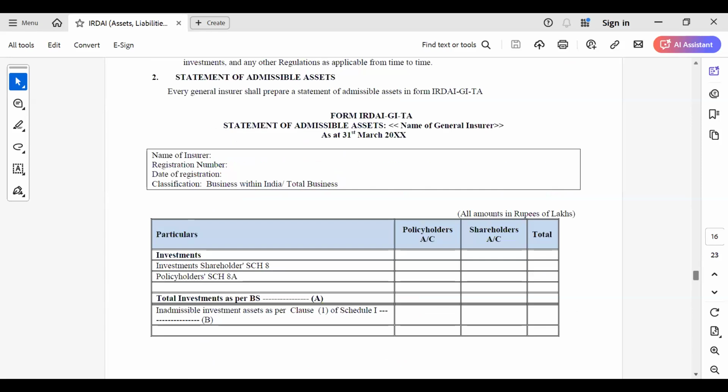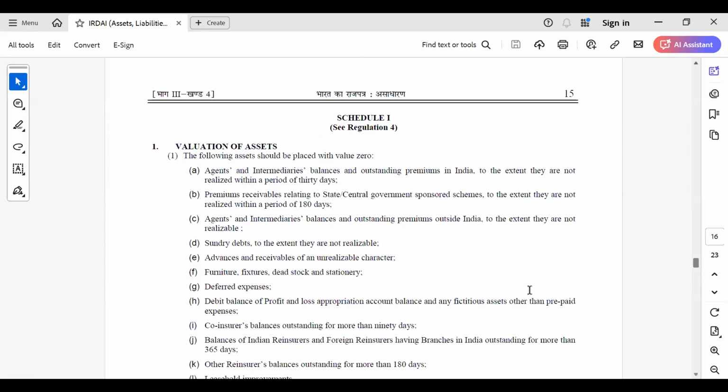Furniture and pictures. Dead stock and stationery. Deferred expenses. Debit balance of P&L. Co-insurance balance is not accepted if it is outstanding for more than 90 days.